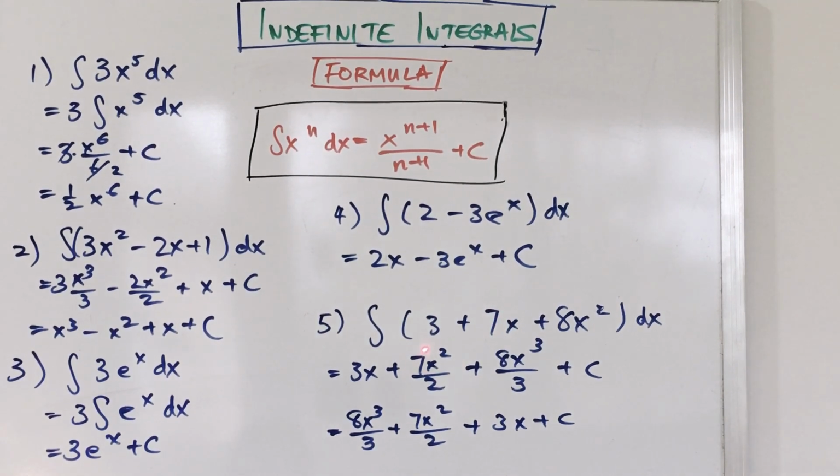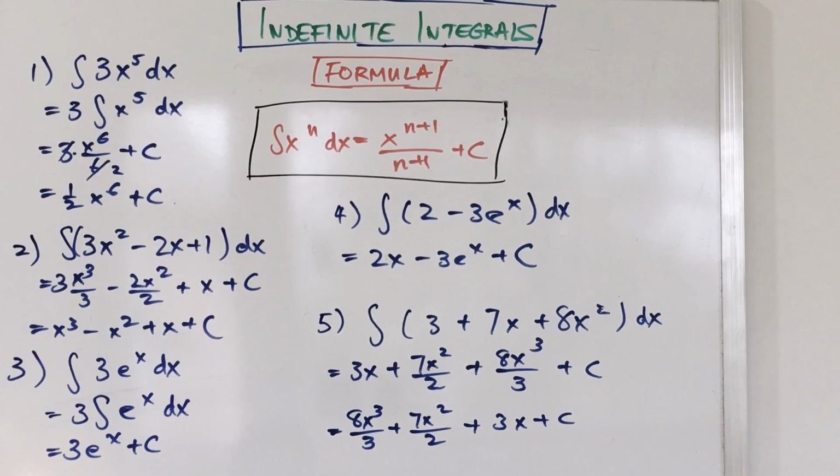And then there's 7x, so the same 7 comes out as a factor. Then you integrate x, which is x squared over 2, which is just this formula. We just did this formula here. And 8x squared, so 8 stays the same, that comes out as a factor. And integrate x squared, which is just x cubed over 3. Direct application of this formula, which we covered how to do like 10 times, so I'm not going to explain it again.